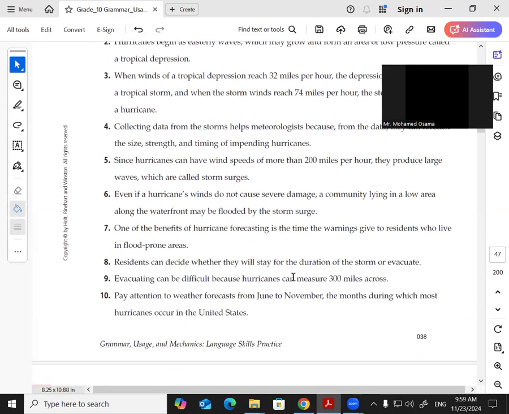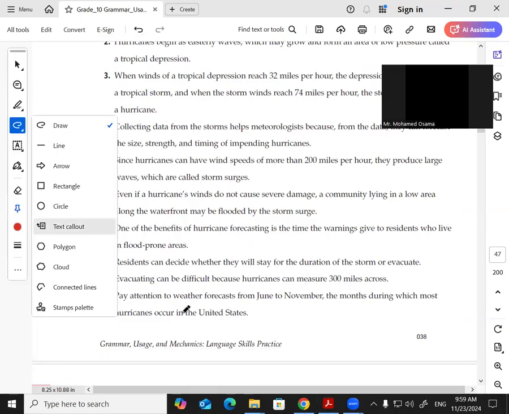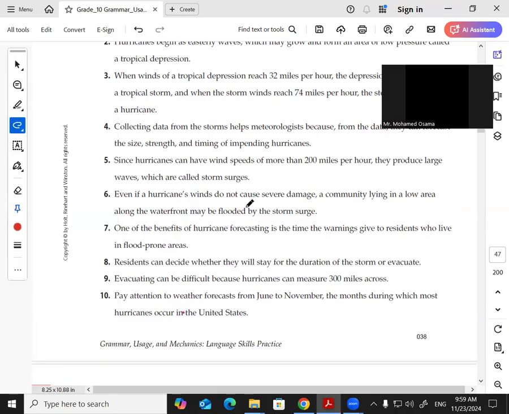Okay, number five: since hurricanes can have wind speeds of more than 200 miles per hour, they produce large waves. Here the clause started with since. As long as it started with since, we cannot consider it a complete thought. It's a dependent one, or a subordinate clause.